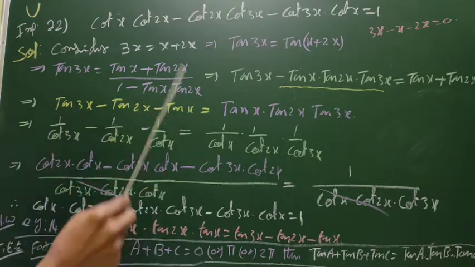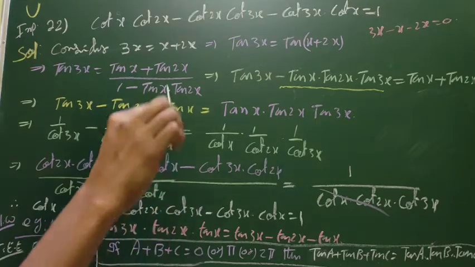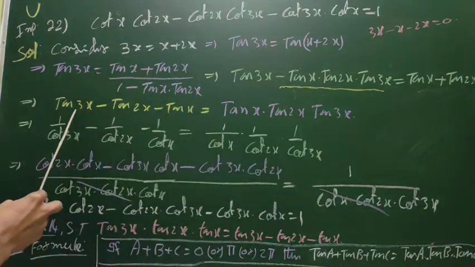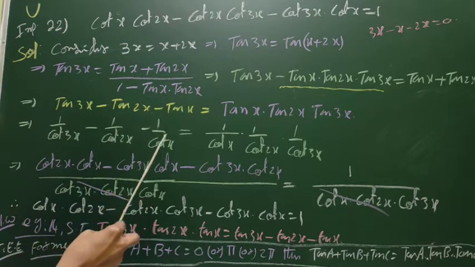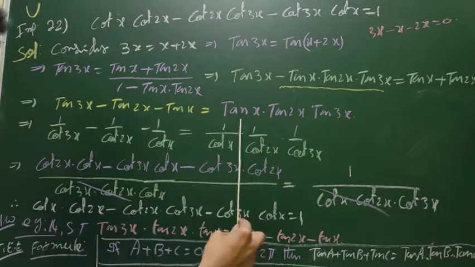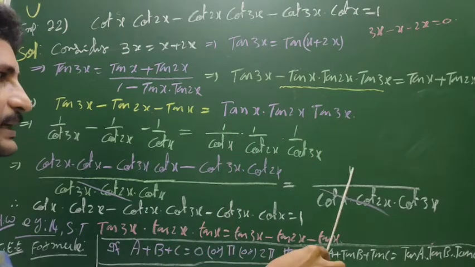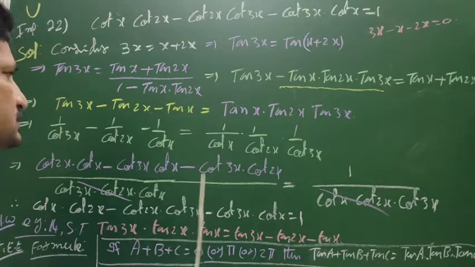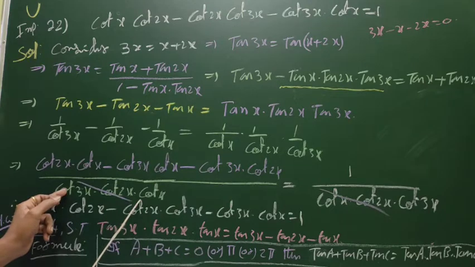Now see the question. What is the question? It is in terms of cot. So turn tan 3x into 1 by cot 3x, and this is also 1 by cot of x, 2x, 3x. Now this is 1 by product. But take the LCM.